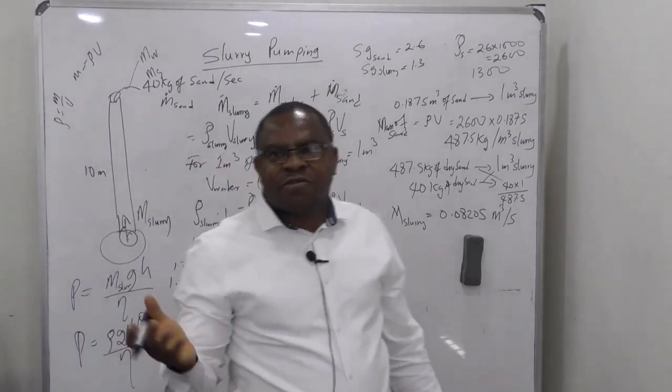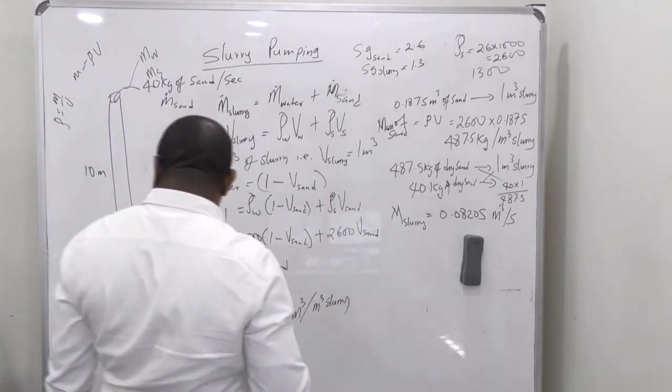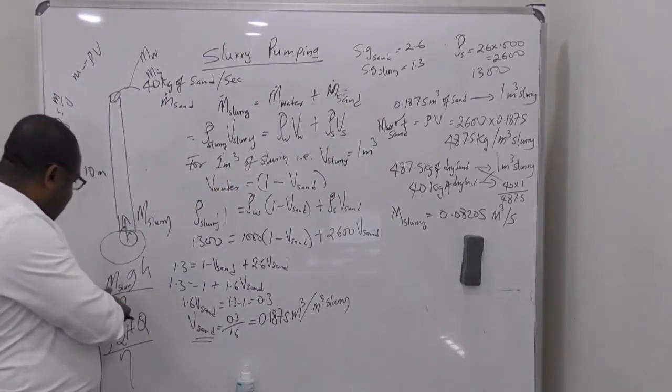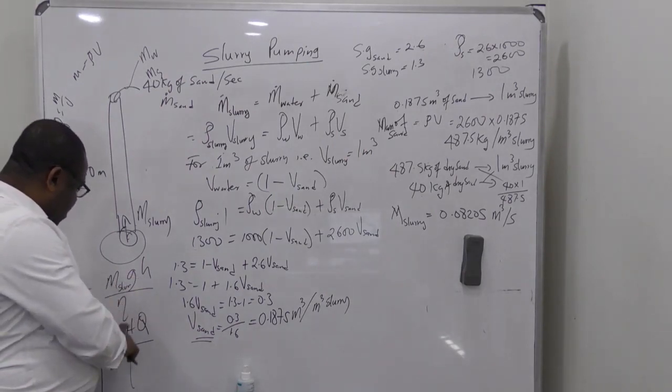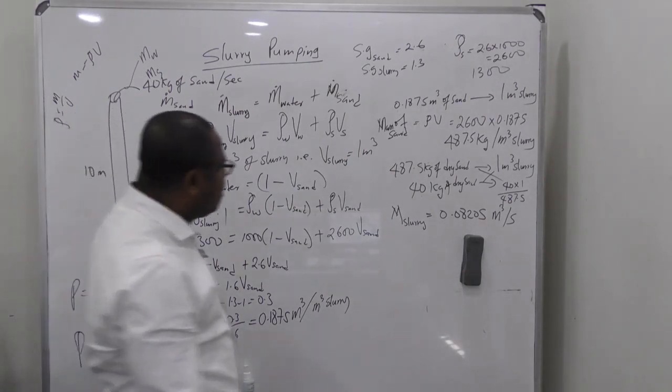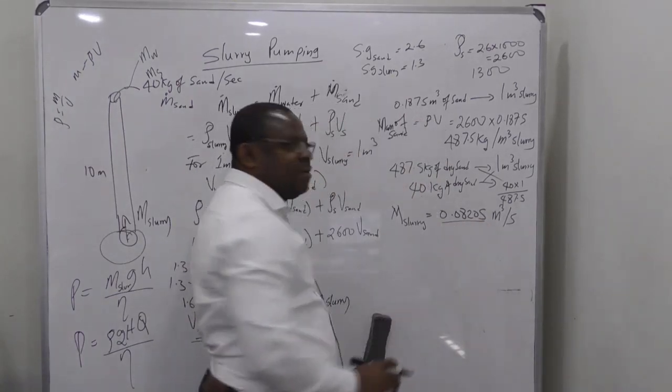So once we have the mass of slurry, that's all you can now solve. Because we said efficiency is either mass of slurry times gh over this, or rho gHQ over that. Since I have gotten the mass of slurry here, I can easily calculate the power.